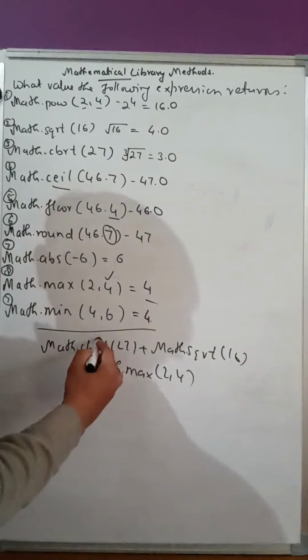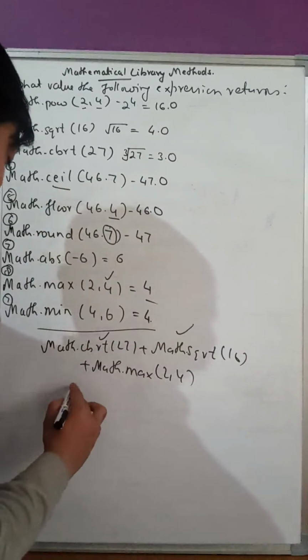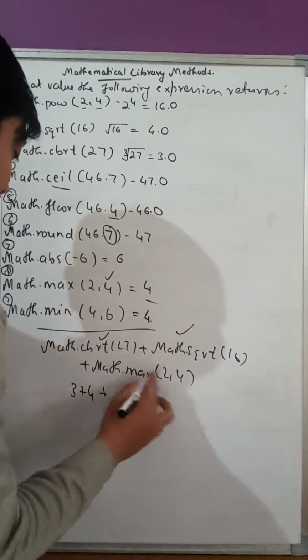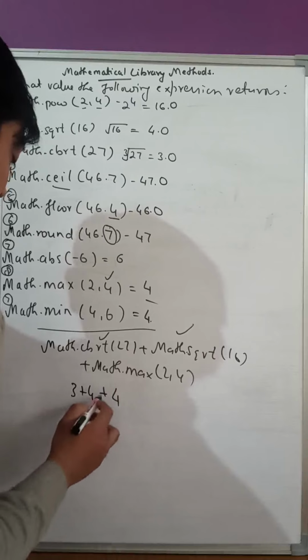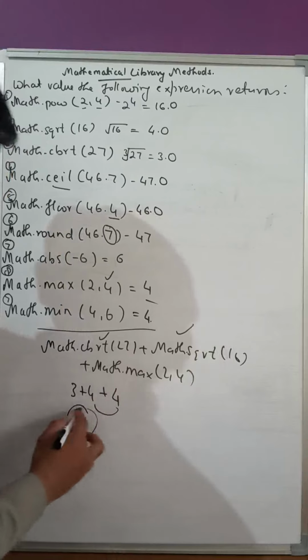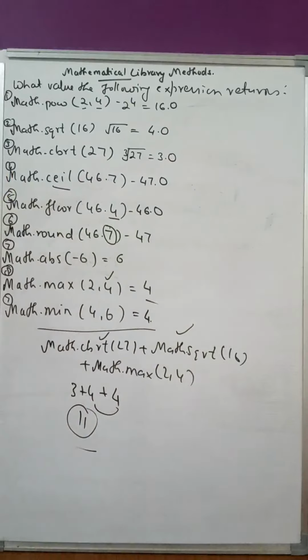You will first calculate this part, then this part. So 3 plus 4 plus the maximum value among them, which is 4. This will be 3 plus 4 plus 4, which is 11. So in the question paper, the questions will be a combination of the functions, right?